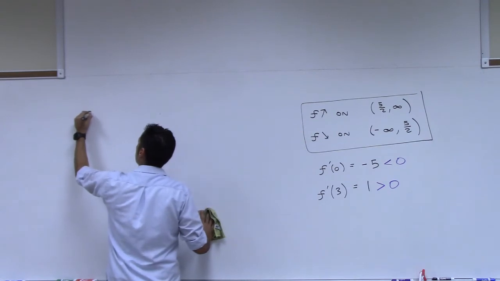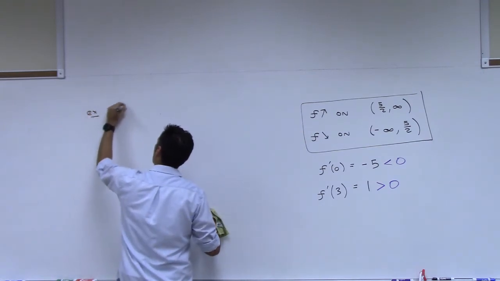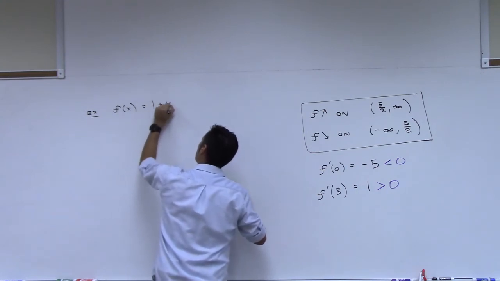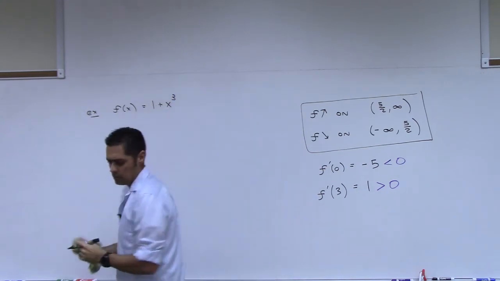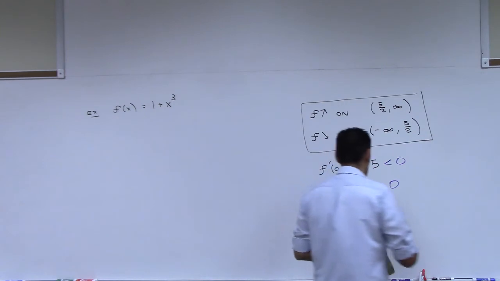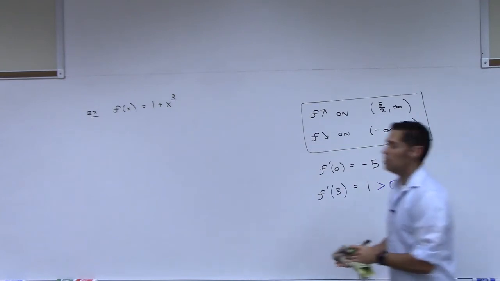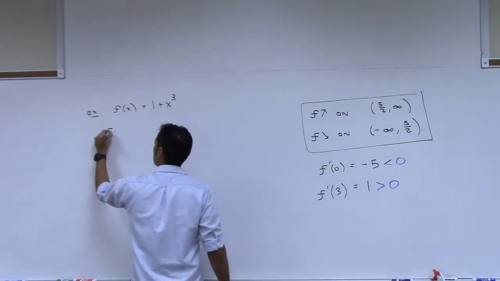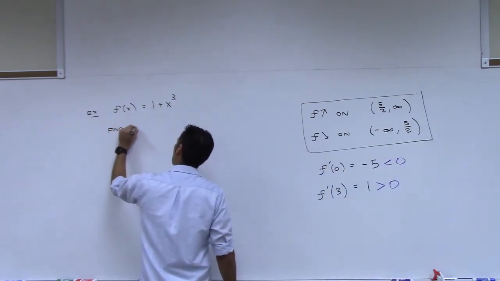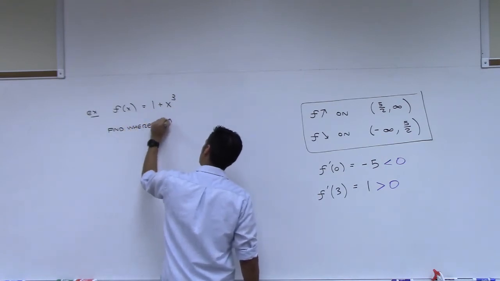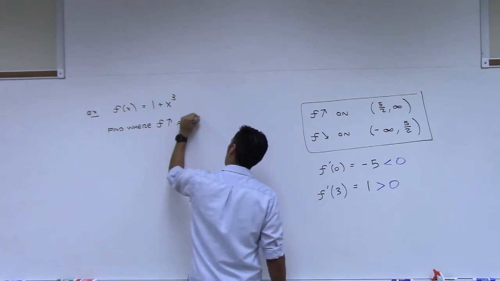Next example, f of x equals 1 plus x cubed. Same questions, same exact questions. Where is this going up and where is it going down? So my questions are find where f is increasing and where f is decreasing.